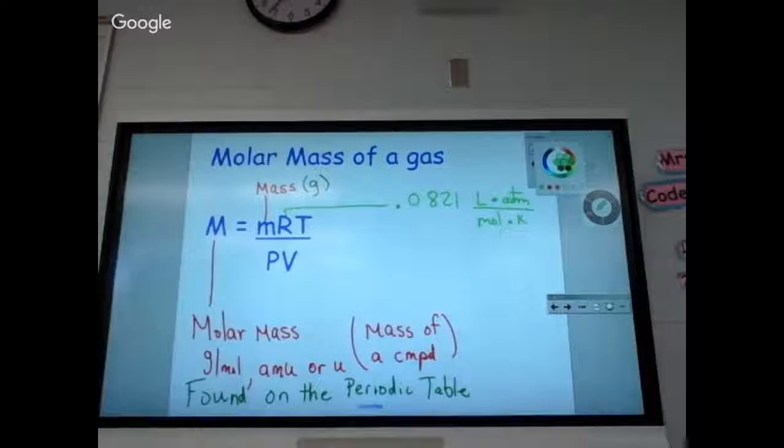It dictates what temperature, pressure, and volume have to be, just like yesterday's formula of PV equals nRT. So when you use temperature, temperature still has to be in kelvins. Pressure has to be in what? Atmospheres. And volume has to be in what? Liters.